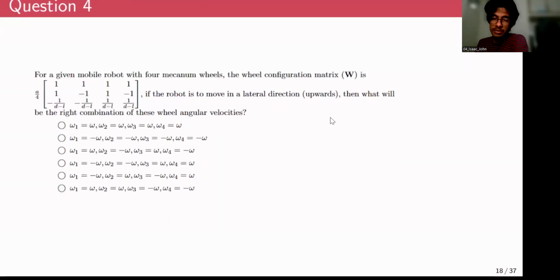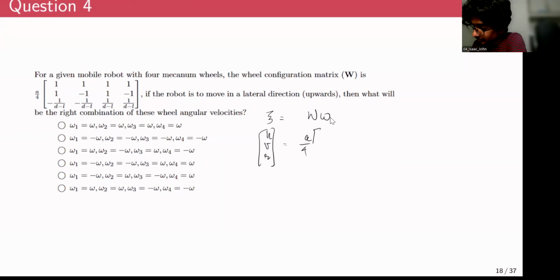So we know this relation, zeta as W multiplied by omega, where zeta is nothing but u, v, r. And this W matrix is given as 1 by 4 times the entries 1, 1, 1, 1; 1, minus 1, 1, minus 1; minus 1 by (D minus L), minus 1 by (D minus L), 1 by (D minus L), 1 by (D minus L).